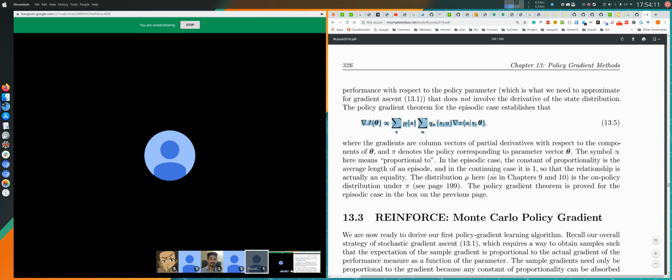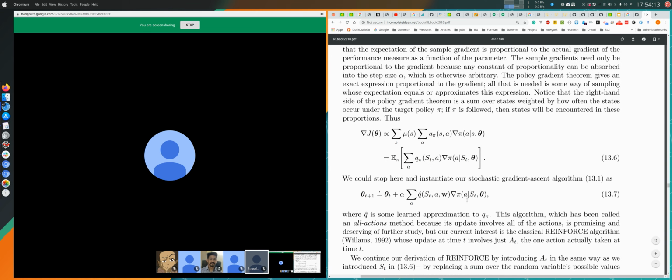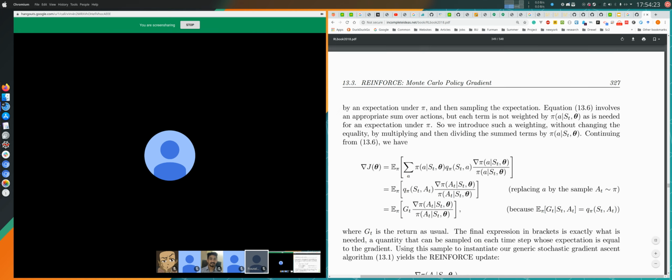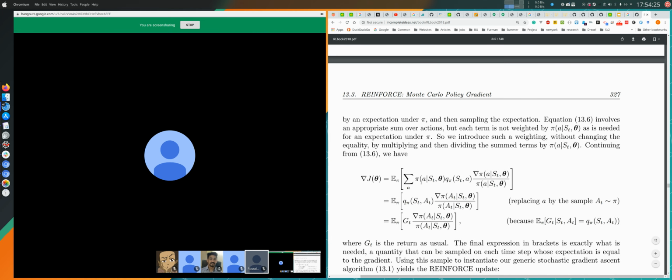So if you read the paper about that part, here is a policy gradient, and essentially it becomes something like this, and then you can change this to something like the logarithm. And the way you do it is you multiply by 1, right? And this is 1.